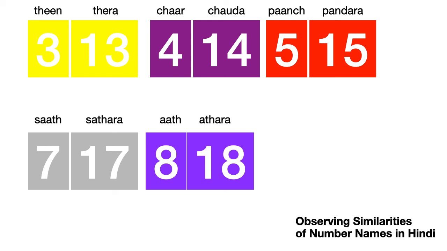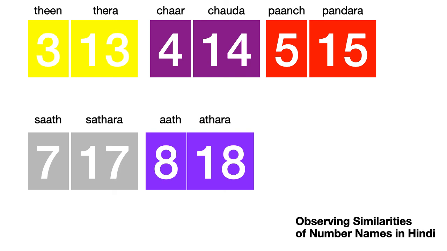Now the value in being able to recognize patterns is that sometimes, even if you don't understand what a word means or you haven't heard it before, by observing the word you might get some clue about what it means. A prime example is that when I was learning to count in Hindi, I didn't know what the word atharah meant, but I recognized that it sounded similar to the number 8, which I did know, aath.